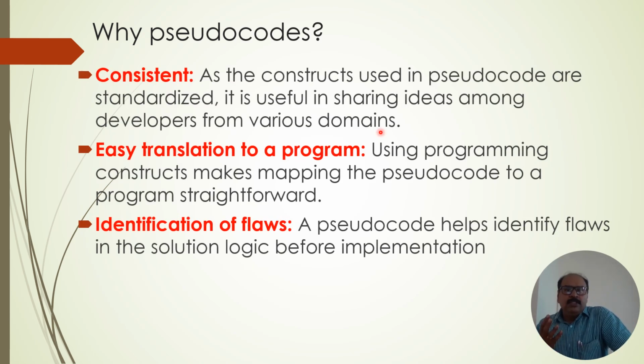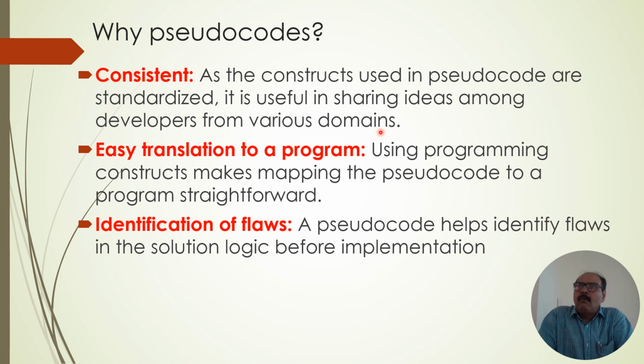I've given you 3 reasons why we need pseudocodes. The first reason was that it is very easy to understand. Second one was focused on logic. Third one was more legible. The fourth one is that it is very consistent. So we have a standard way of representing this algorithm, and this consistent method helps us to create the programs that are necessary using this pseudocode.